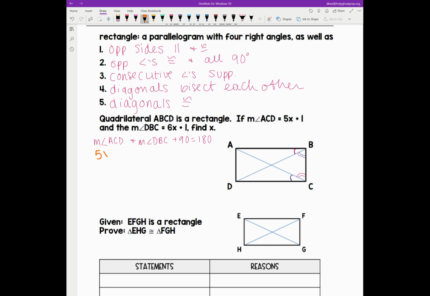So we've got 5x plus 1 plus 6x plus 1 plus 90 equals 180. And this looks like an equation you can solve. But if you want to keep going with me, I got 11x plus 92. So 11x equals 88 for a final answer of x equals 8.